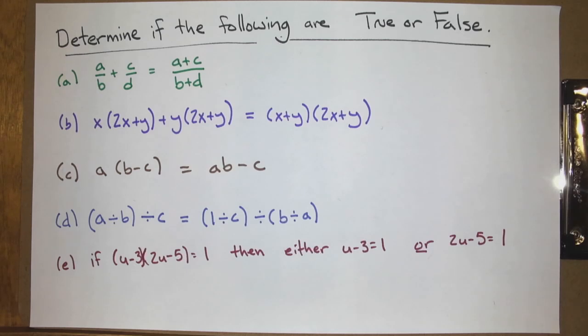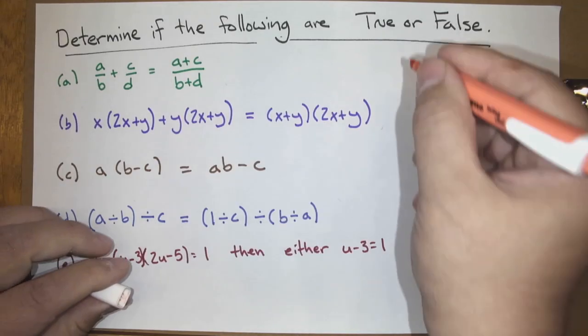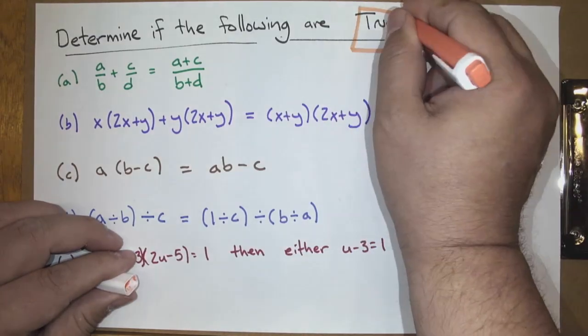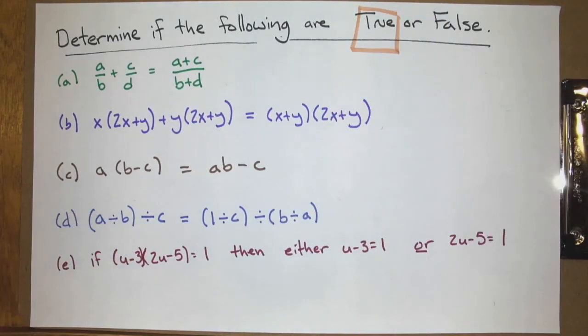Now, before we start going through this, I want to make sure we understand what we mean when we say true. So, let's start with true. When we say true, what do we mean by true? Do we mean it's sometimes true, it's usually true, it can possibly be true, or it's always true?